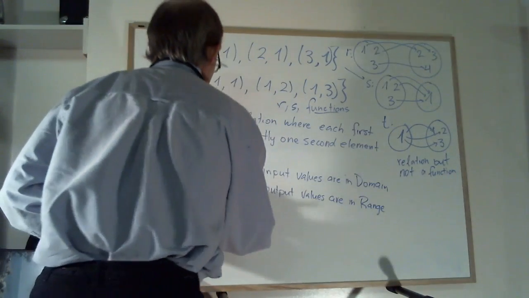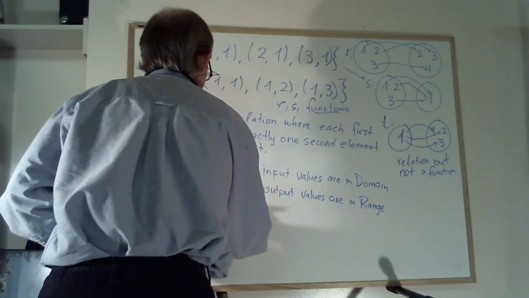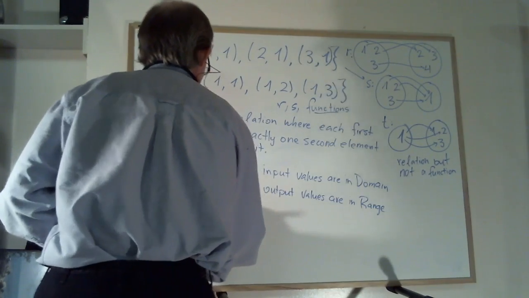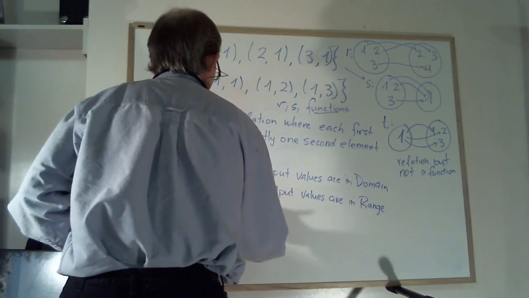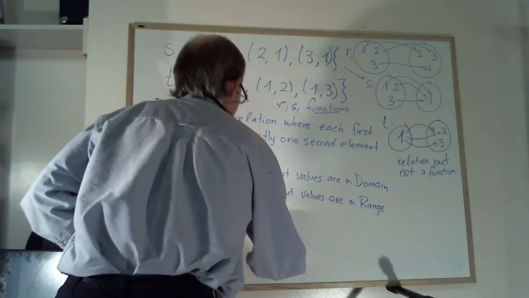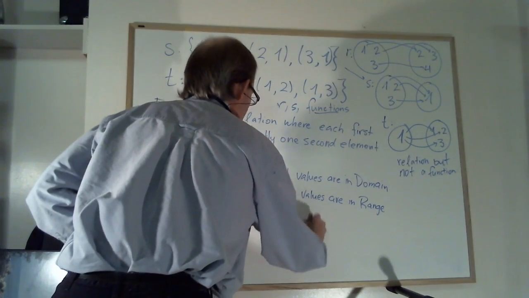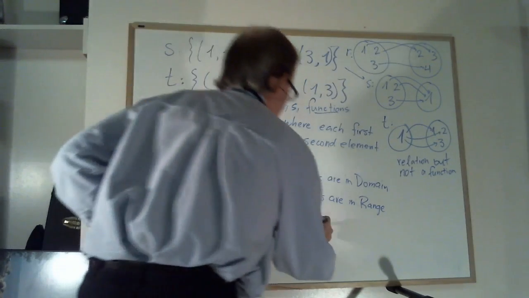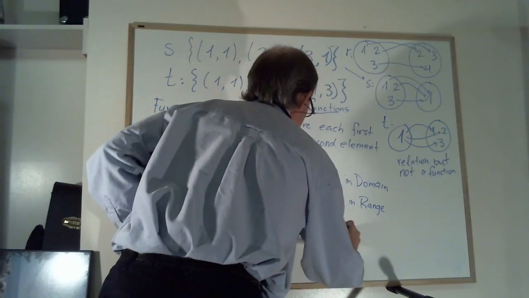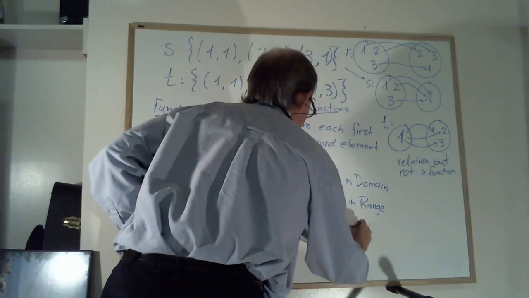All right, so you can take an element in the domain X, and you put it into a box called F. F will represent the function, and out comes Y in the range.